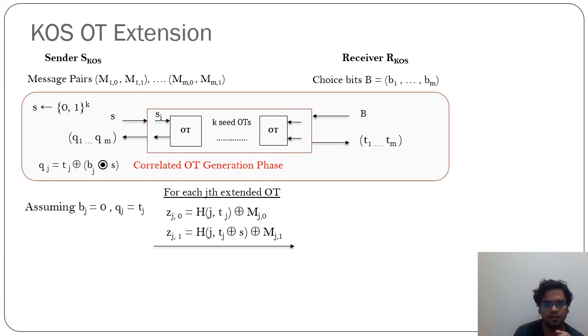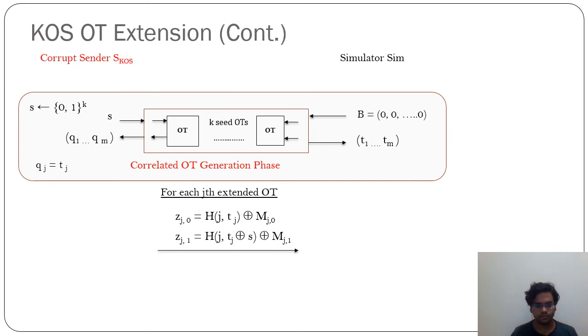So if the receiver's input choice bit is 0, then Qj is equal to Tj, and the sender encrypts his messages as hash invoked on j comma Qj XOR mj,0 and hash invoked on j comma Qj XOR S XOR mj,1. Now the receiver outputs mj,0 as zj,0 XOR hash of j comma Tj. The other message zj,1 remains hidden because S is hidden from the receiver.